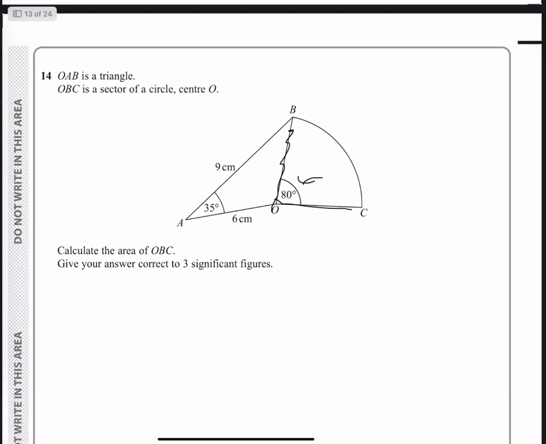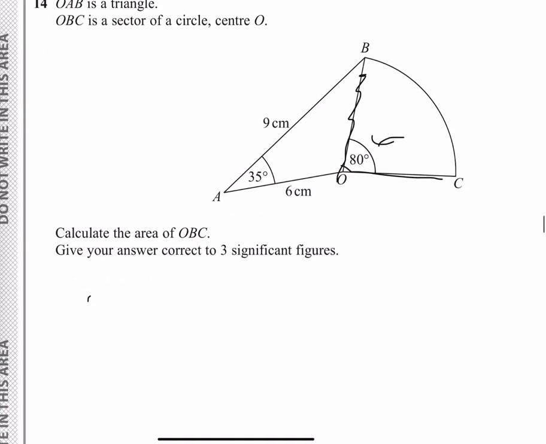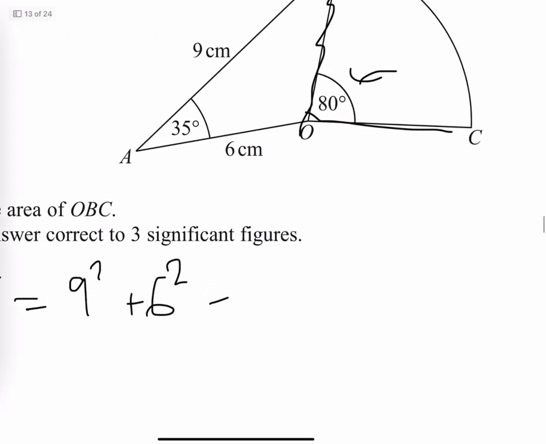That's the main thing we're doing here, so it's probably worth, nice 4 marker. For a 4 marker, this isn't too bad, so we get BO squared, which is what we're looking for, equals 9 squared plus 6 squared minus 2 times 9 times 6 cos of 35.